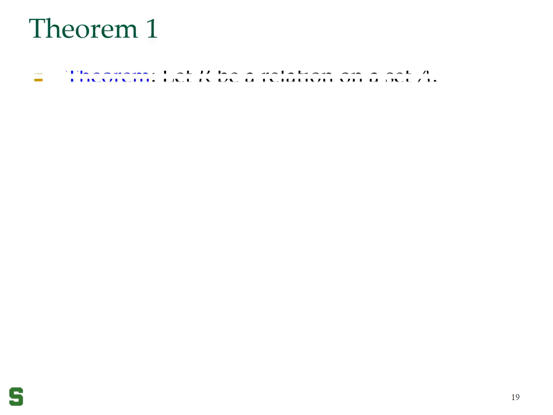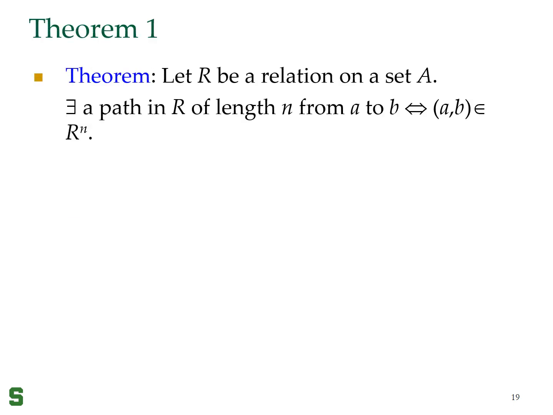Now, here is an observation that we can make. Let R be a relation on set A. The relation is describing the edges in the graph in the previous examples. There exists a path in relation R of length n from A to B if and only if the pair AB is in R to the power n.